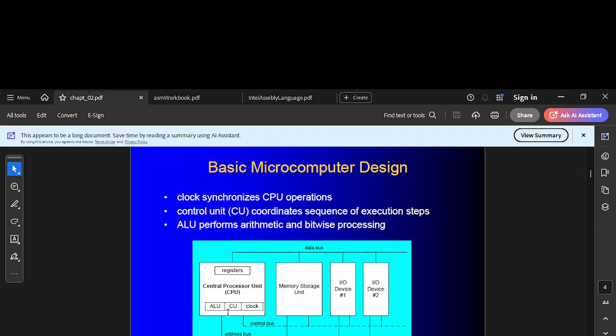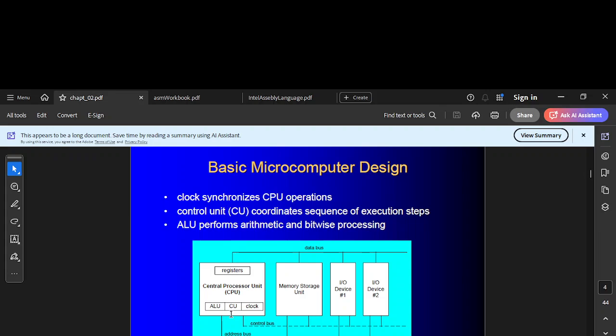Then again is the control unit, described as CU. The control unit provides the interpretation to the various activities the CPU, or the various functions the arithmetic logic unit, can perform. If you remember yesterday in class, I mentioned instruction set.